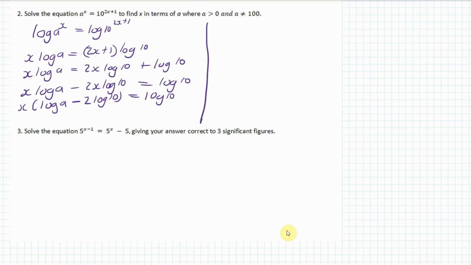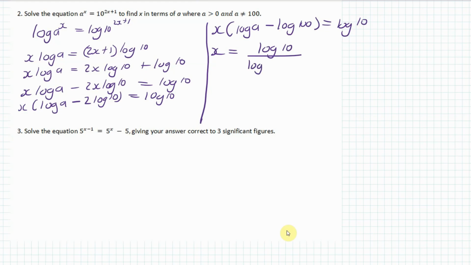I'm running out of room, so I'm going to go up here. I can write log a minus log 100, and then x equals log 10 divided by log a minus log 100, which is like log of a over 100, using our log rules, because they're the same base.